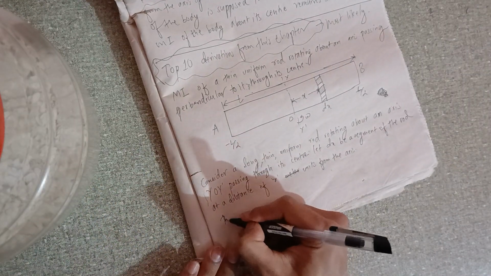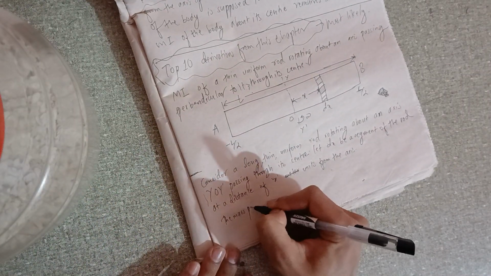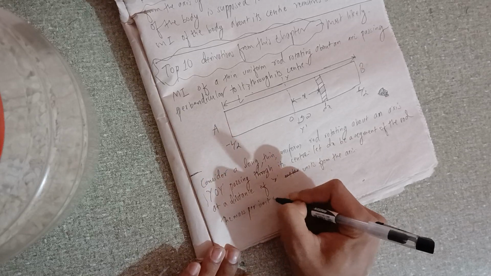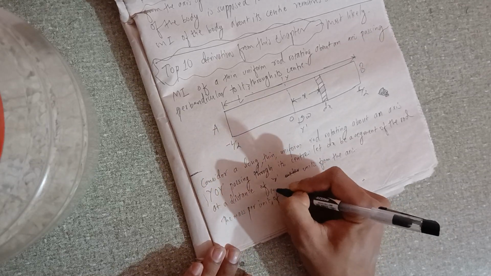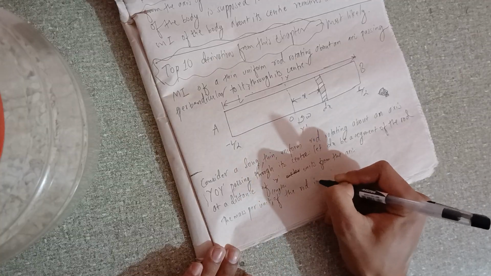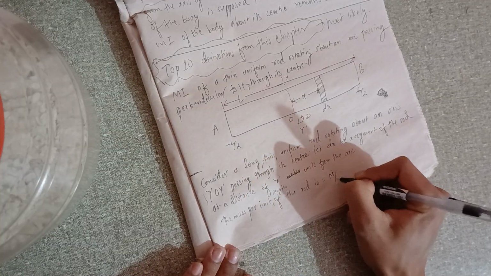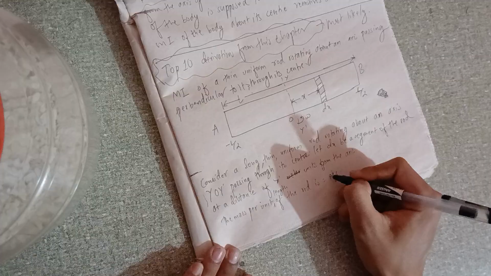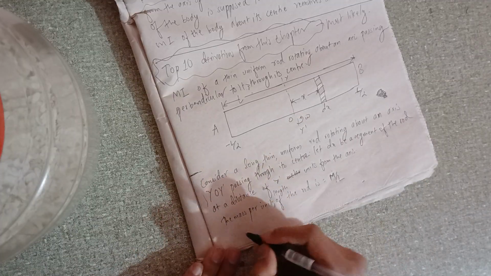Then the mass per unit length of the rod is mass by length. Simple as that.